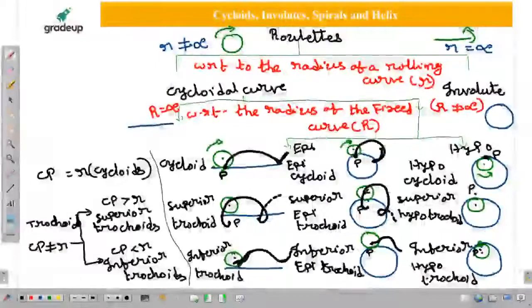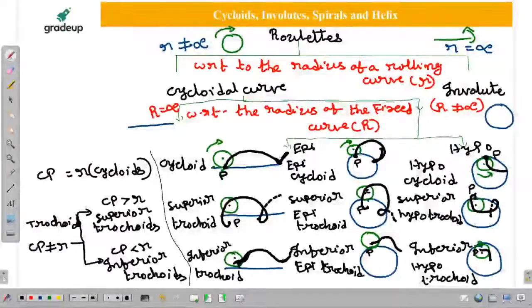That is the three differences you have to observe for these three. Hypo. So this is going to be like this. Here you are going to get flat. All these things I can show with the help of diagrams, so you can get some more clarity.